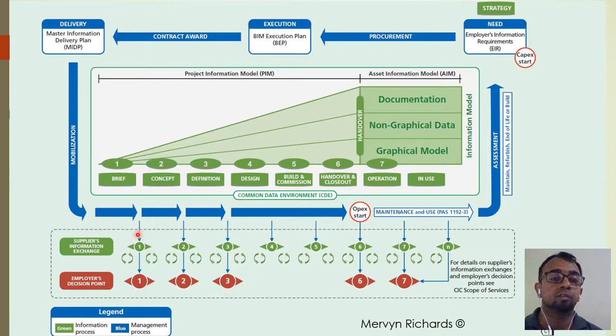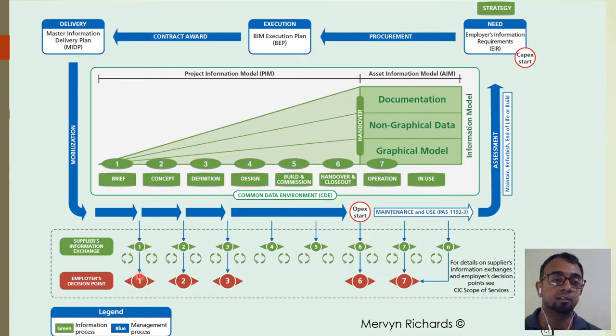Now you can see it is made parallel to this checkpoint, which they call the data drop point, and at that point you provide a certain set of agreed information to the client to get his decision whether he's okay to go forward or any change is needed.